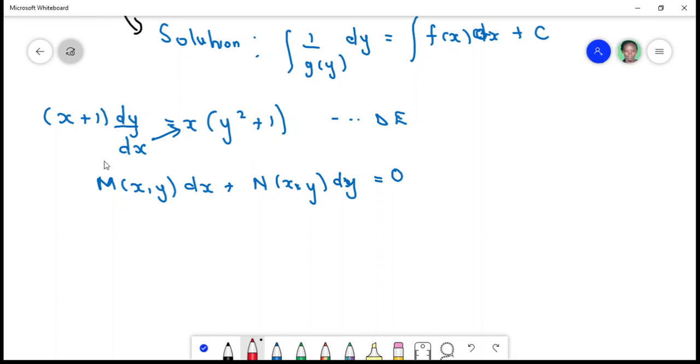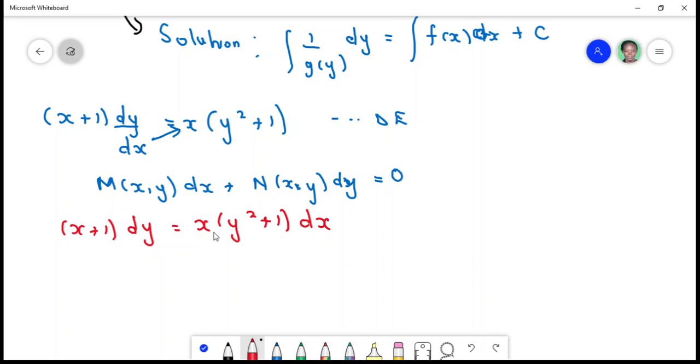So I have (x plus 1) dy equal to x times (y squared plus 1) dx.